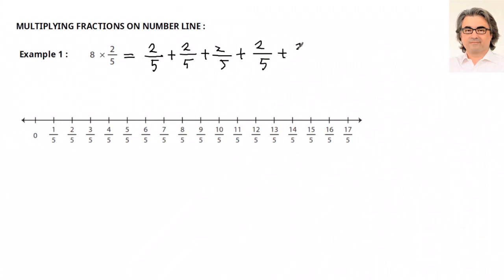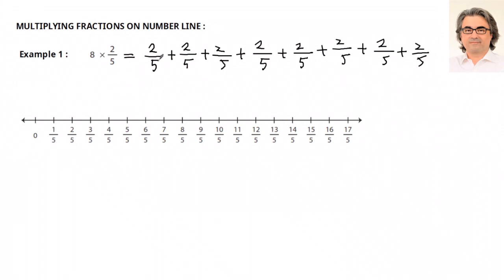Continue to write 2 over 5, 2 over 5, 2 over 5 and 2 over 5. 1, 2, 3, 4, 5, 6, 7, 8. I added 2 over 5 8 times. This was the meaning of multiplication operation.